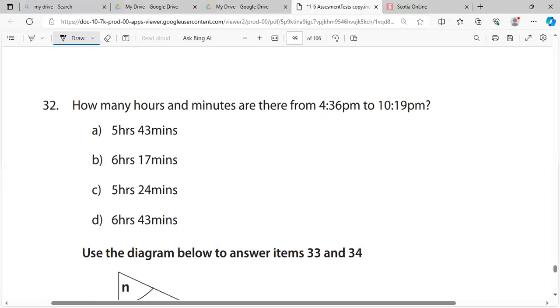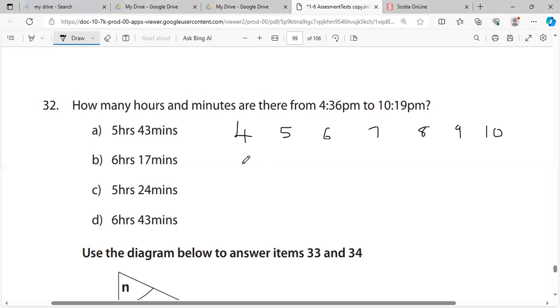How many hours and minutes are there from 4:36 to 10:19 p.m.? Oh Lord, what a piece of stress. So we have from 4, 5, 6, 7, 8, 9, 10. Oh, it's p.m., right? Yeah. Alright, so this now has 24 minutes.